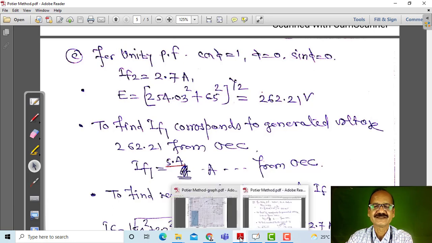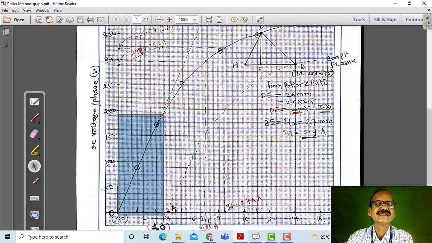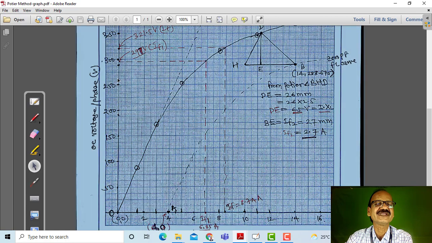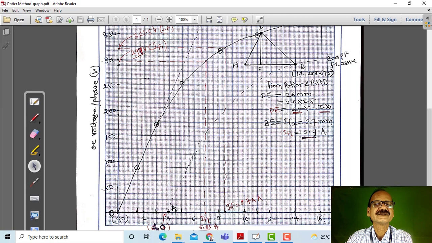Let us check it. See, here it is 250, here it is 275, here it is 300, and 262 will be somewhere here.